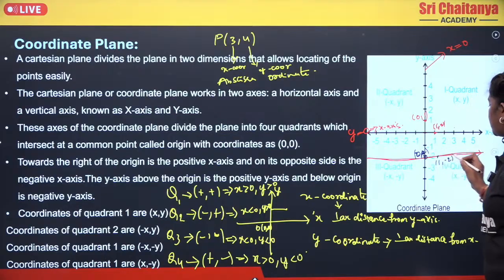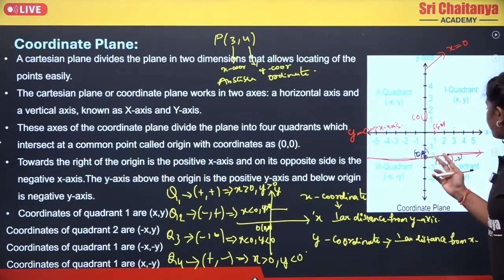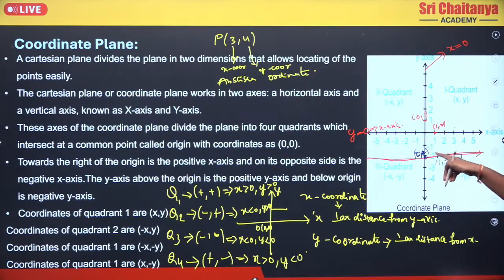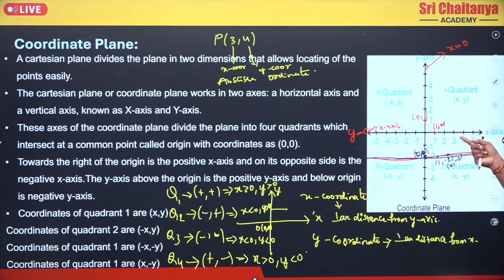So it is minus 2, and here it is 2, minus 2, like that you will get points, right? Now, if you observe here clearly, whatever y coordinate we have is constant for our line which is parallel to your x-axis.